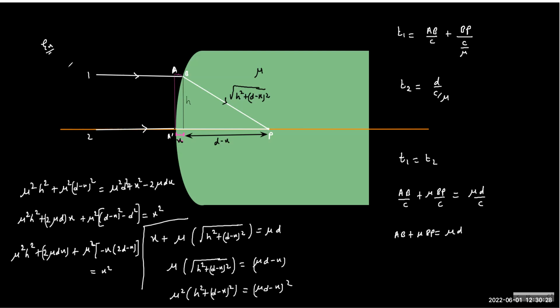In your syllabus, the formulas which you will be deriving are only meant for the spherical surface. The moment you receive a random surface with a different equation, the way to solve is the time equality. You will always try to find the time to go from the place to the point, and by equating the time, we solve the general optics problem. Understood?